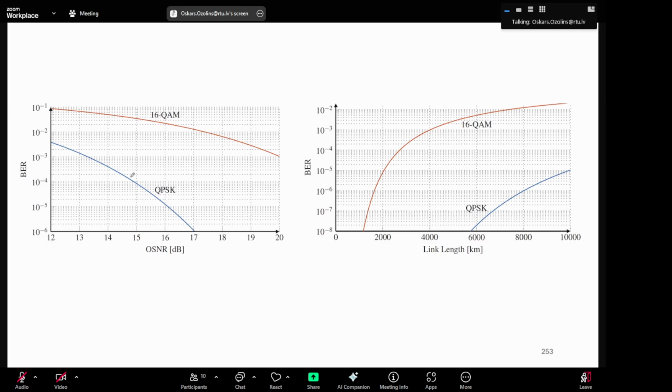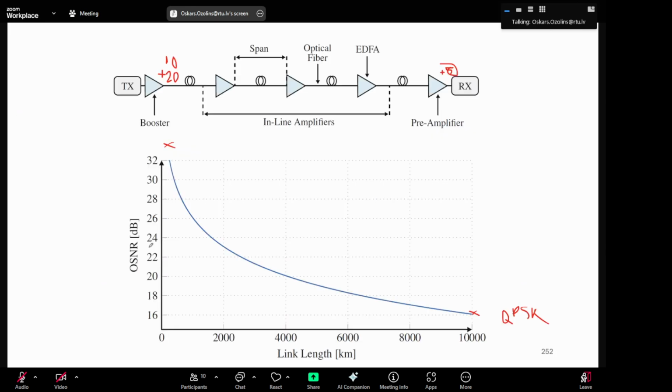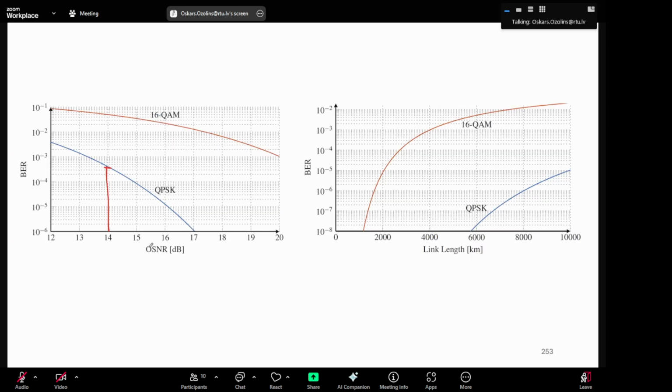To get, let's say, hard FEC somewhere here, you need 14 dB of OSNR. So, as I said previously, most likely at 16 dB you can run QPSK there, because then you're somewhere on this quality level. So you even have a bit of margin here, like 2 dB margin.